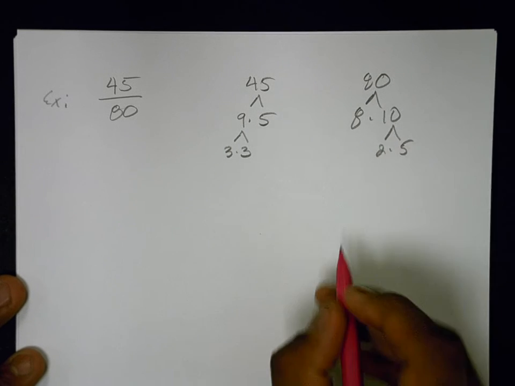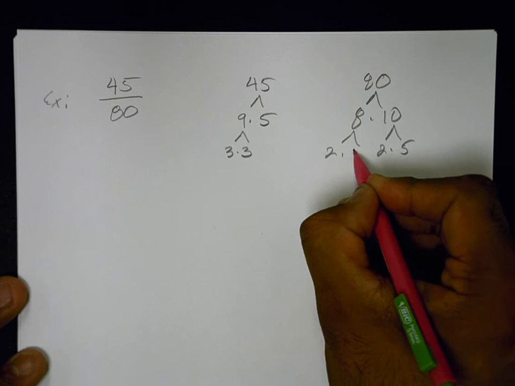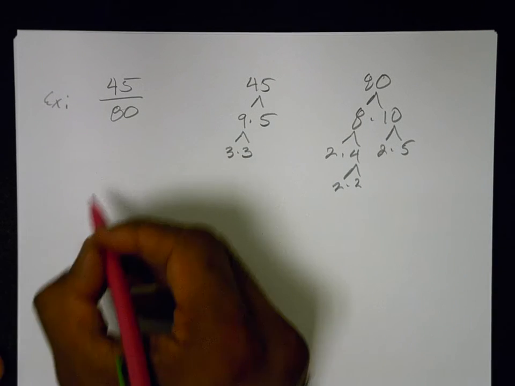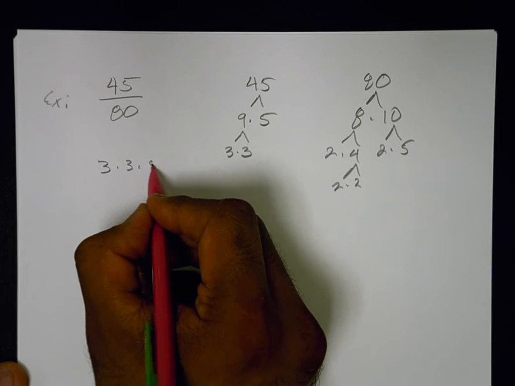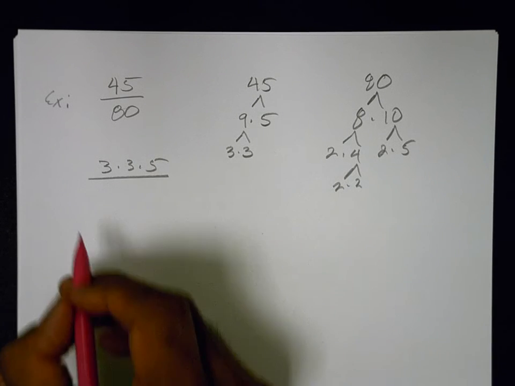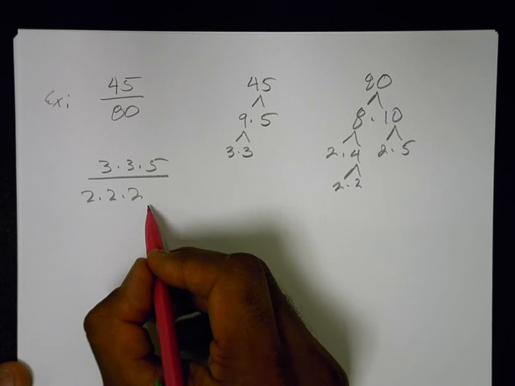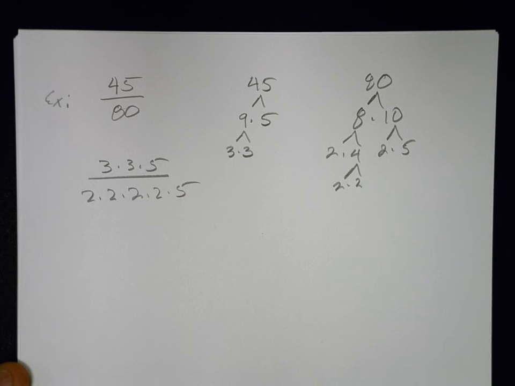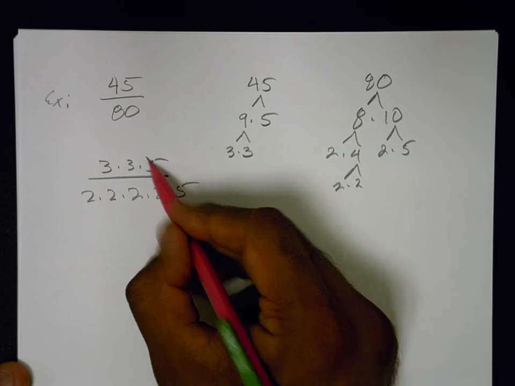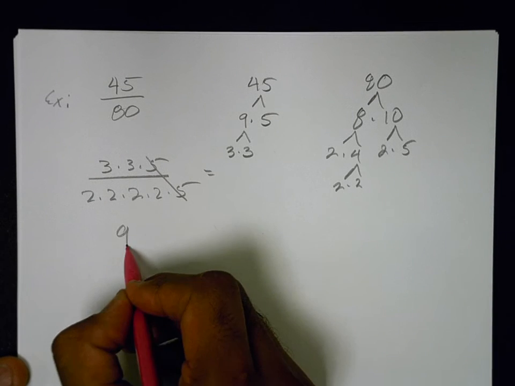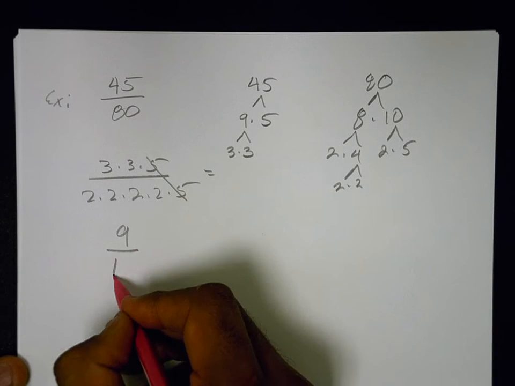That's a 2 times a 5, 2 times a 4, and a 2 times a 2. So my 45, and then my denominator, the only thing that turns into a 1 is what it looks like right there. So this looks like 9 over 16.